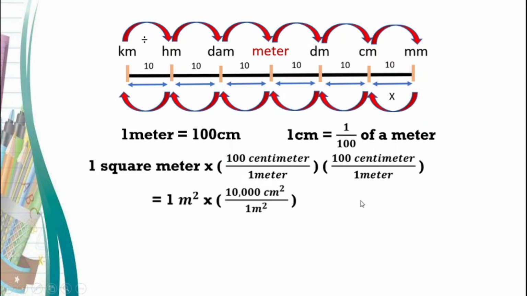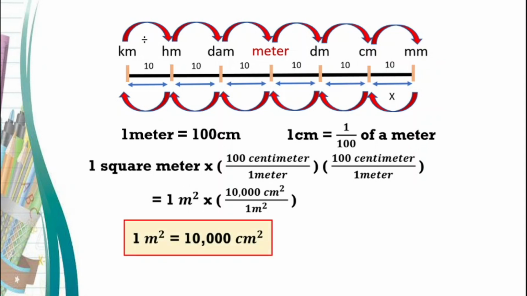The equivalent value now is 100 times 100 is 10,000, and then we have 1 centimeter squared. So, 1 meter squared is equivalent to 10,000 centimeters squared.